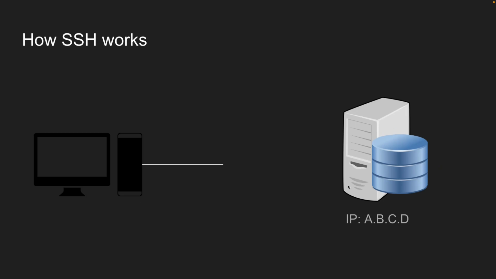SSH obviously relies on the fact that the IP address is present, and in order to use SSH, we have to use an application that implements the SSH protocol. In this case, it's OpenSSH for Mac and Windows, and from there we just have to connect to the particular port that the server uses. Once we are authenticated by the server, the connection is perpetual.